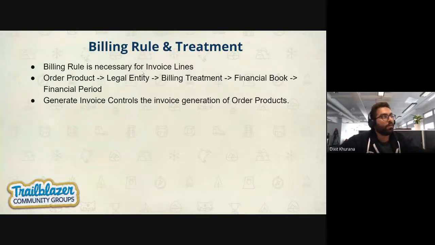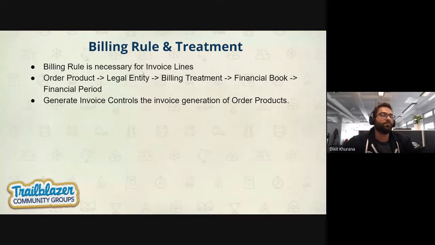Once billing identifies a legal entity on the order product, then, as you have done the configuration, this billing treatment is referred to this legal entity. The billing package applies that treatment on that particular order product, and that is indirectly related to a financial book. Because whatever is happening inside your system, whether an invoice is getting generated or revenue is getting generated, it is tracked inside a financial period.